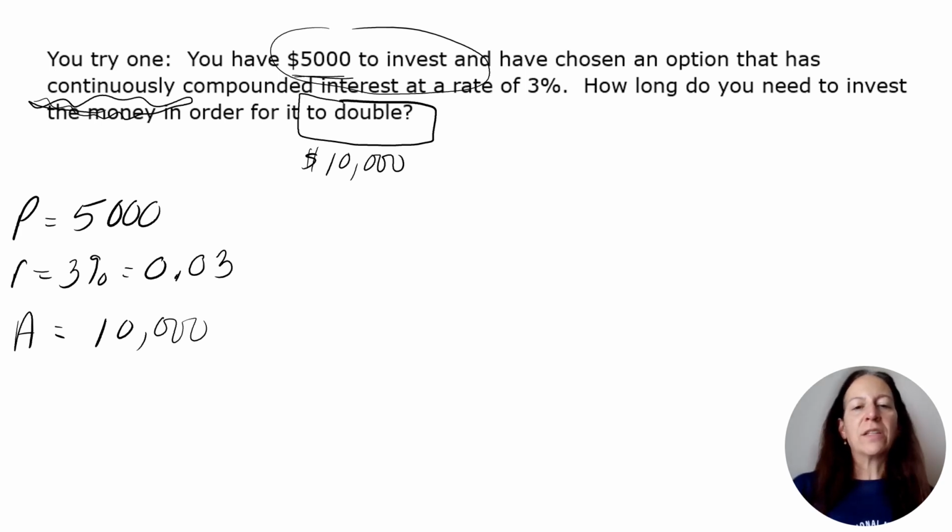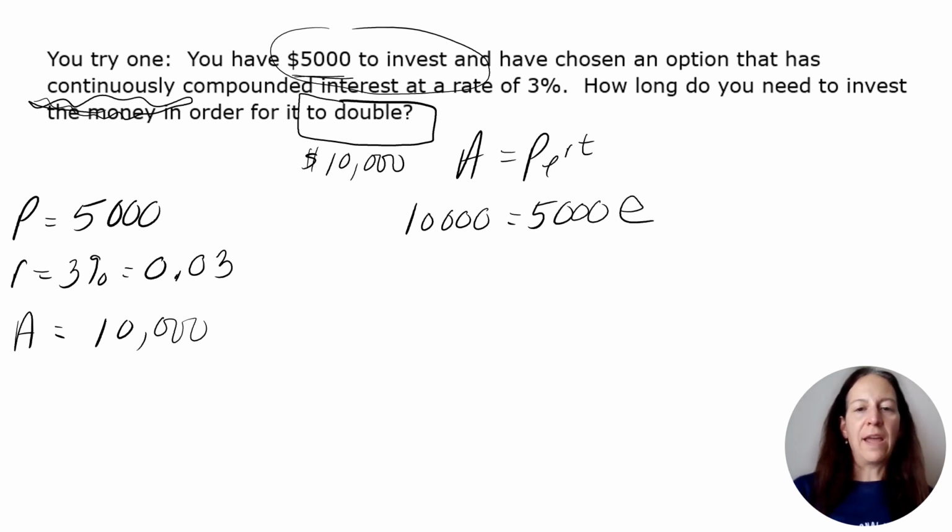Now, compounded continuously means that we will be using this formula, where that is an exponent. And I've got $10,000. That's what I want to end with. What I began with was 5,000, and I have an interest rate of 0.03.